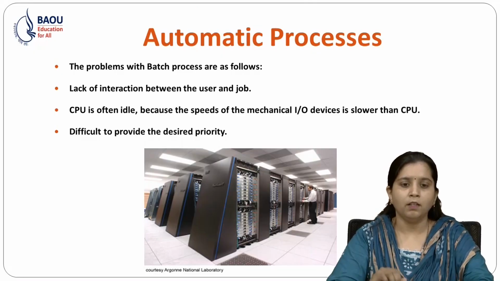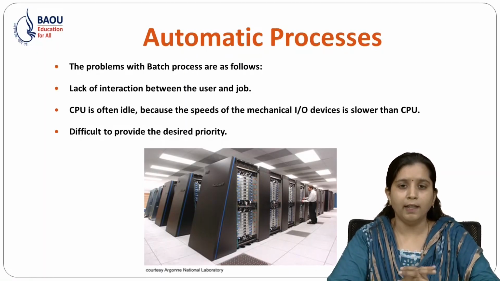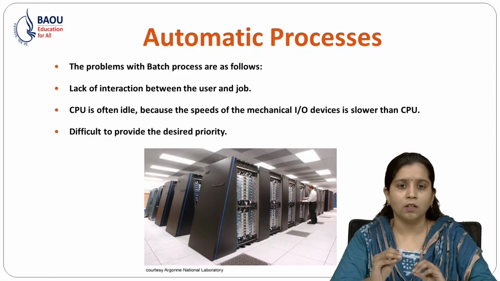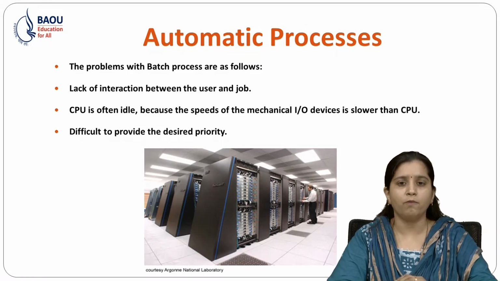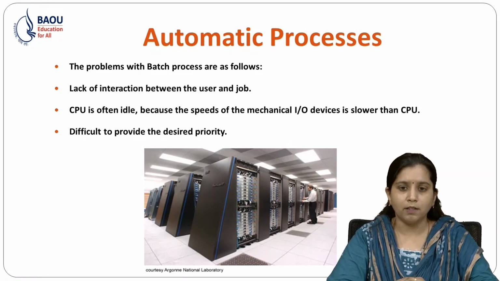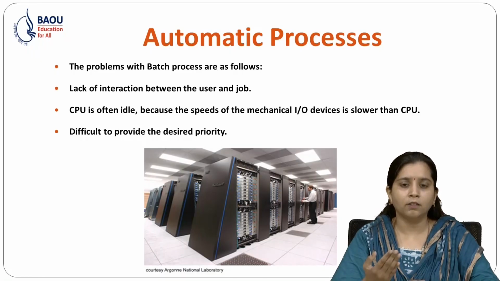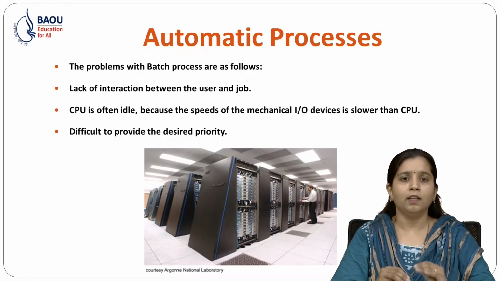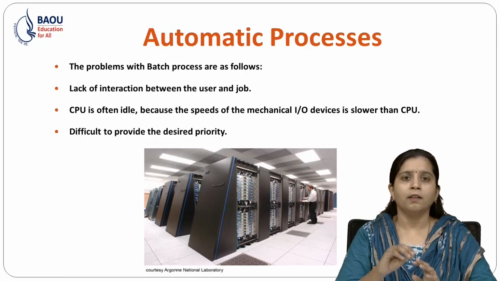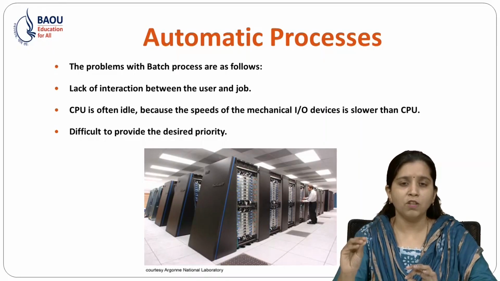For example, this is a picture taken at Argonne University. In the earlier days, in 1970, big space agencies like ISRO and NASA used this type of process. This type of process was used when scientists did not have systems at their home. So what they did is they typed their jobs and stored them on a punch card.